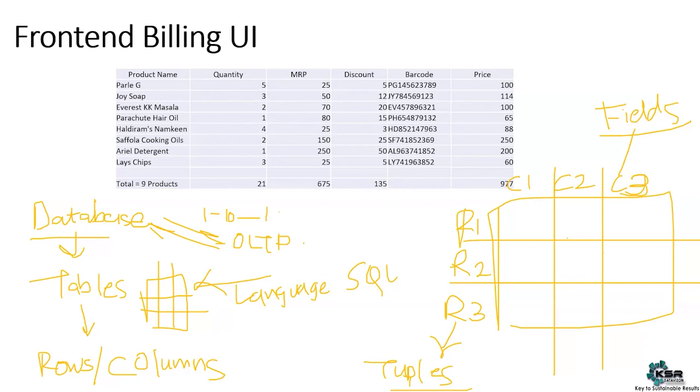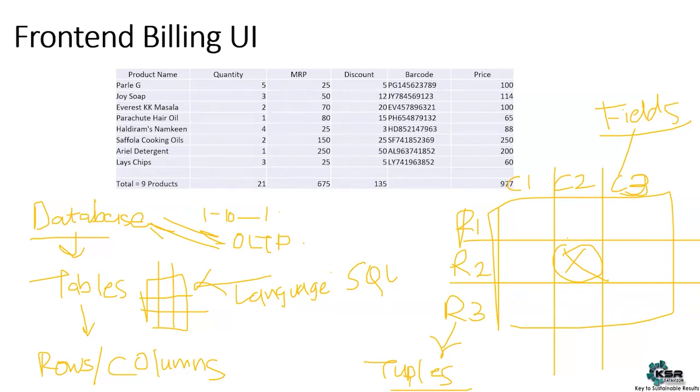So if you want to dump some information inside this table, you will dump it at a specific location only, right? Assume you want to dump that information at row 2 and column 2 position. So you will dump it here. You will never dump it at some other location, right? You already decided that this is the row and this is the column. At this place only, I want to dump this information.